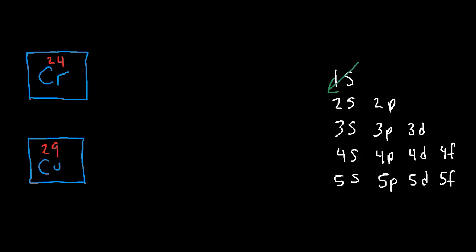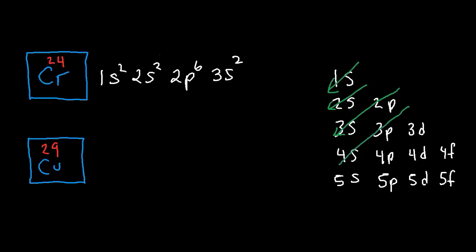Electrons go first in 1s2, then 2s2, then 2p, then 3s2, then 3p and 4s2.